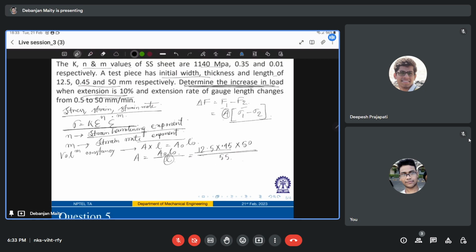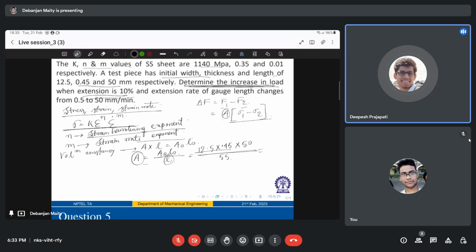So how much A is coming? A is basically, you can think of it as the instantaneous area or the final area. So how much A is coming? 5.11.